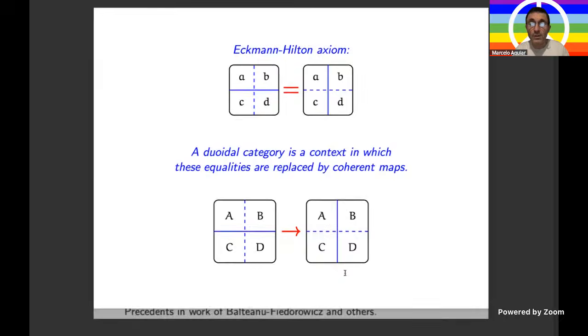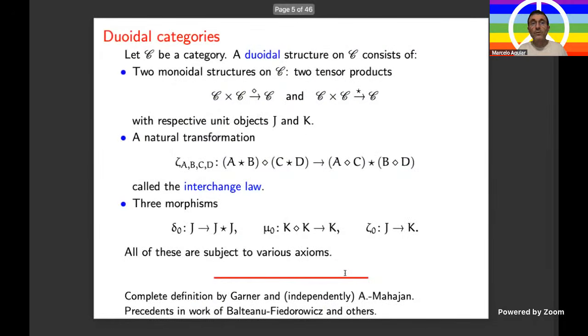So, all right. Here is what I said in a little more detail. A duoidal structure on a category C consists of two monoidal structures, so two functors that we call tensor products. I'm going to use this unusual notation of diamond and star for each of the two monoidal operations. Each one has its unit object.